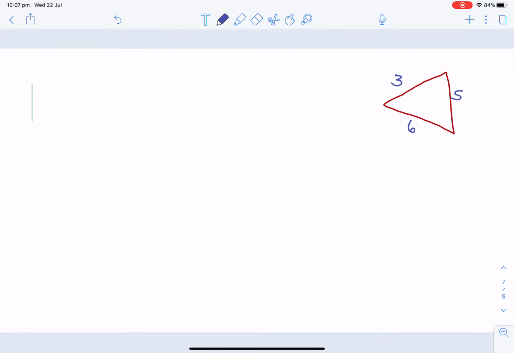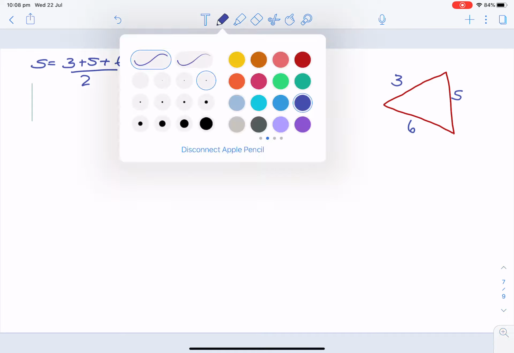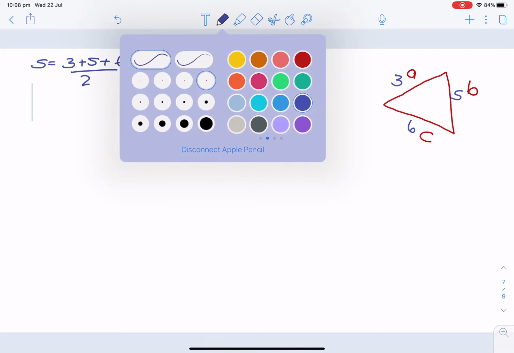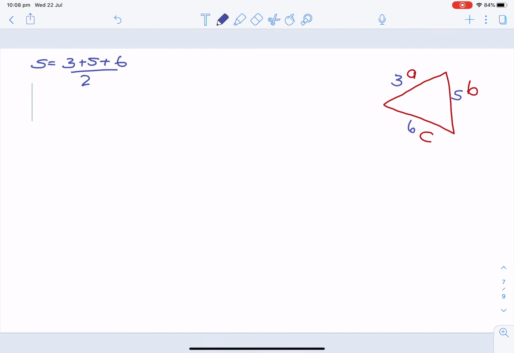So we start with our S, equals 3 plus 5 plus 6 on 2. As I said, it didn't matter which one was my A, B or C. Well, I always start with the little numbers, it's a little bit easier to do it that way. A, B, C. We're back to 3 plus 5 is 8, plus 6 equals 14. Divide that by 2 and I get 7.